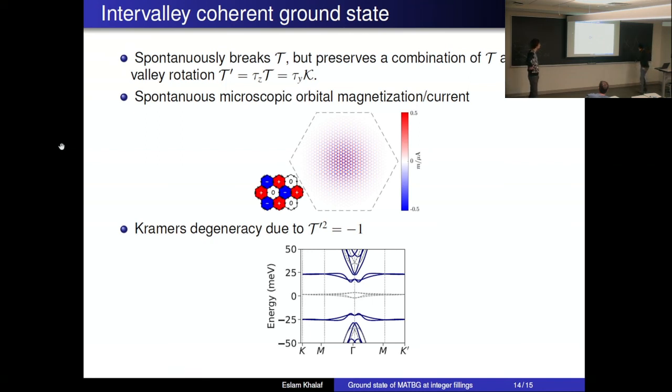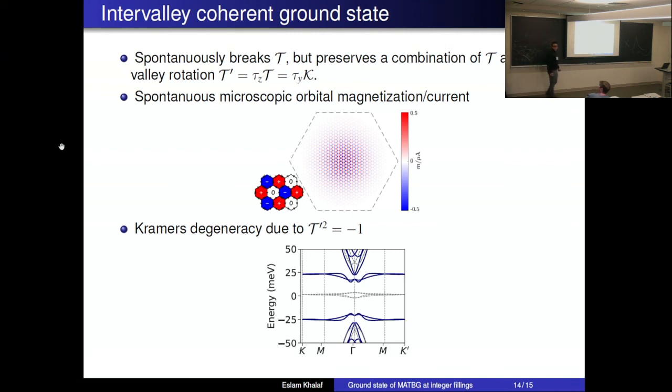I can draw it. You have something like this, and then you can have the other flavor lying here, or lying here. In this case this would be your gap, in that case this would be your gap. The indication from our numerics is that the gap is to the opposite flavor.